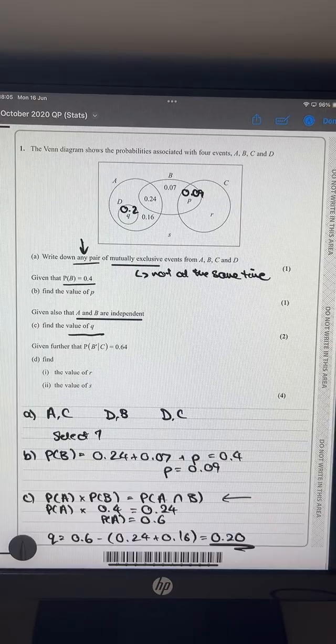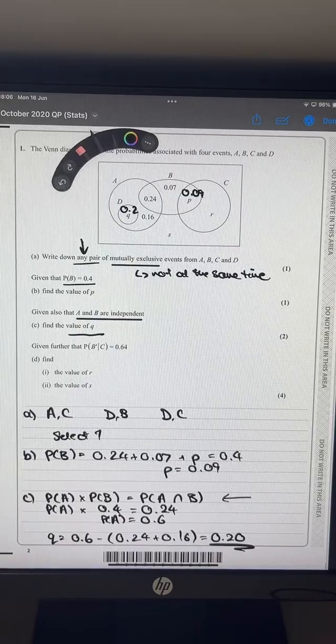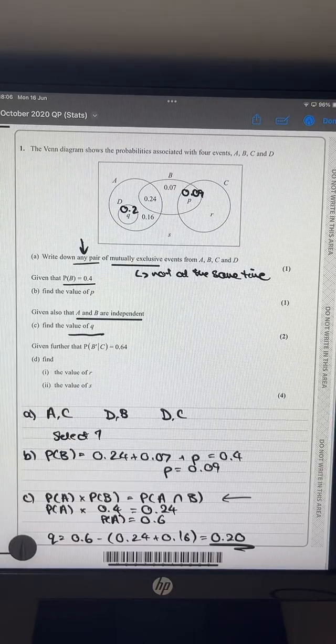The probability of A and B is this section here, the intersection of them both. So the probability of A is just 0.24 divided by 0.4, which gives 0.6. So we know that this entire circle sums to 0.6, that's q plus 0.24 plus 0.16. To find q, you do 0.6, subtract the other values, and you get 0.2.